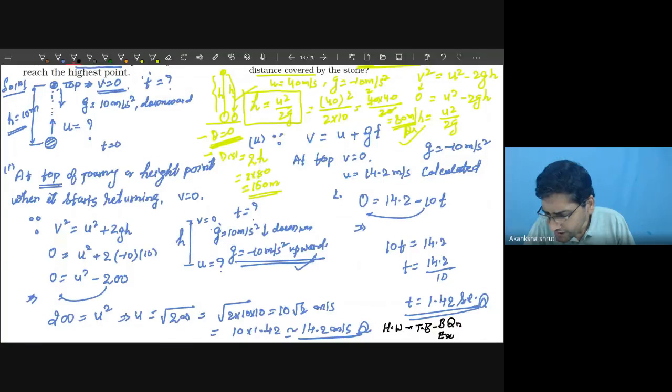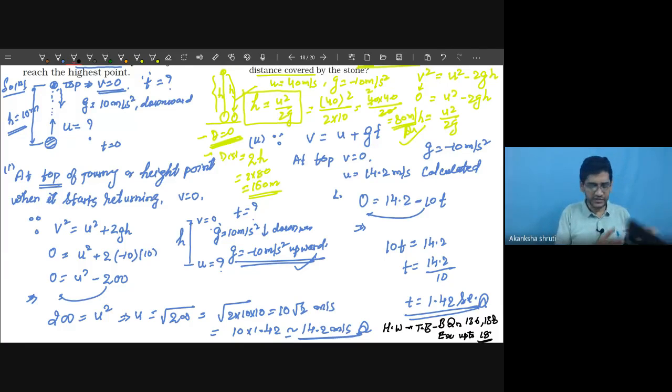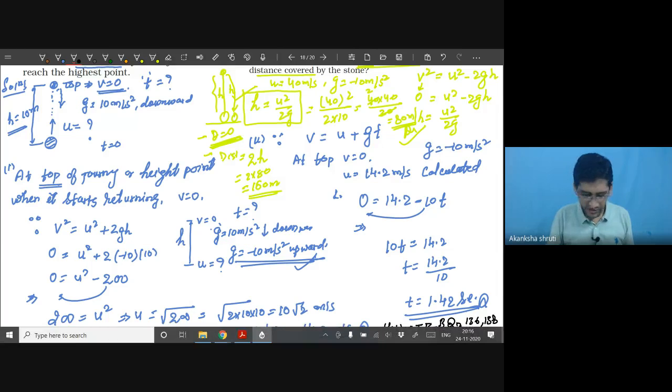So blue questions on pages 136 and 138, and exercise questions up to question number 18. Okay students, please do this homework, then we will meet tomorrow.